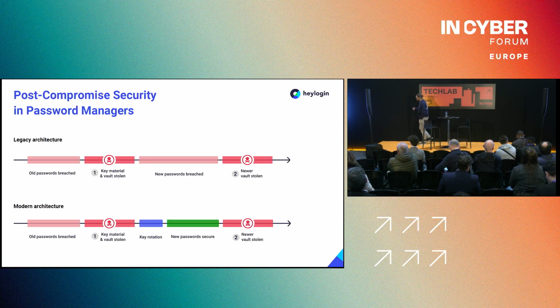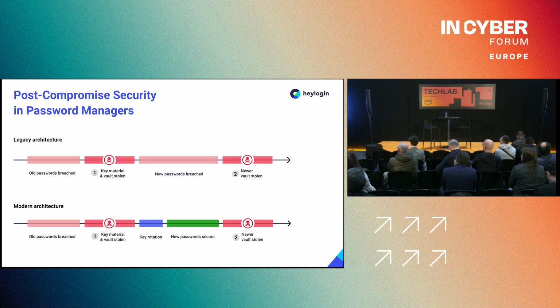So to explain that for password managers, you have the legacy architecture. Let's say your old passwords have been breached, right? There is some point of compromise here. Attackers were able to steal the content of your vault, and they also somehow stole your cryptographic key or master password.